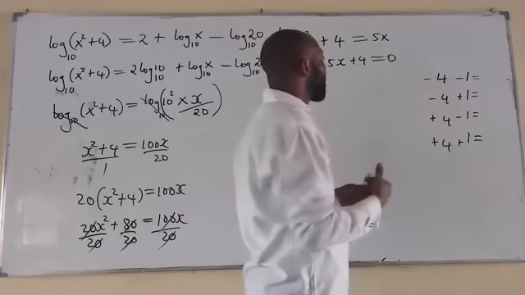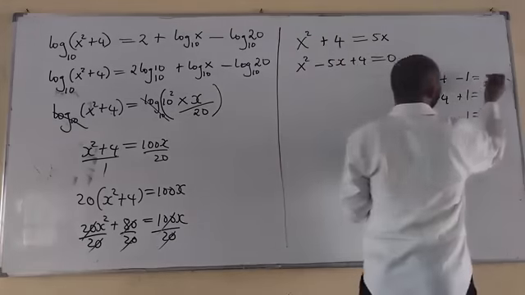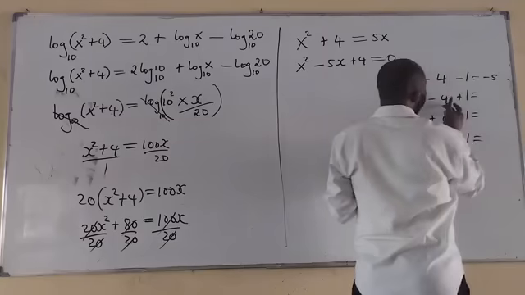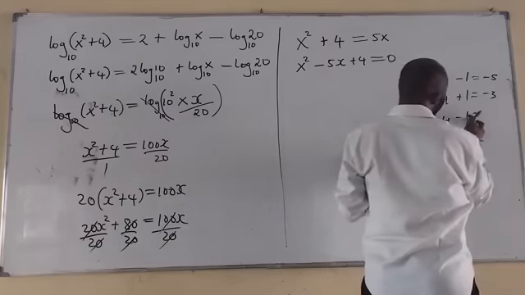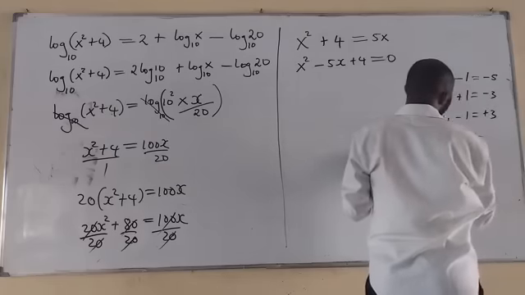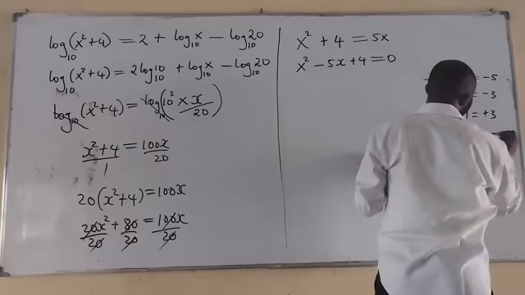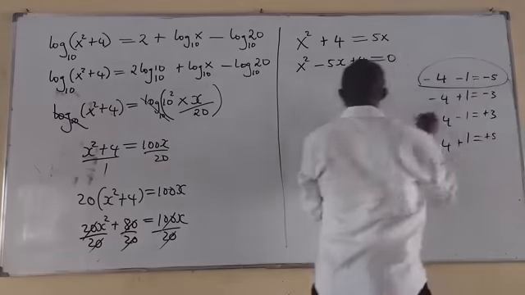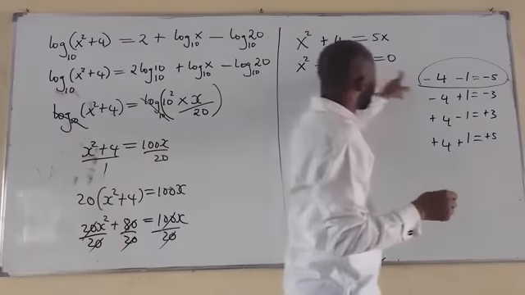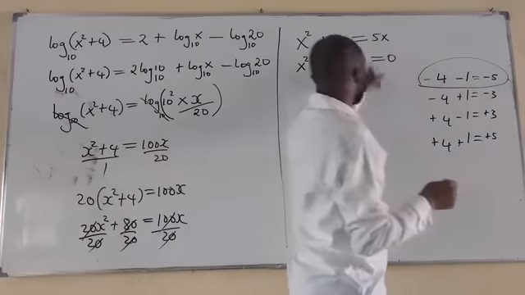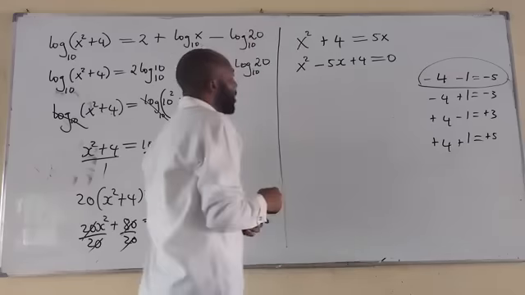Use the basics to get what you want. Minus 1 minus 4 is minus 5. Minus 4 plus 1 is minus 3. Plus 4 minus 1 is plus 3. Plus 1 plus 4 is plus 5. So in all of them, only one gives us minus 5 when we add, and when we multiply minus 4 times minus 1, we have plus 4. So those two become our factors.